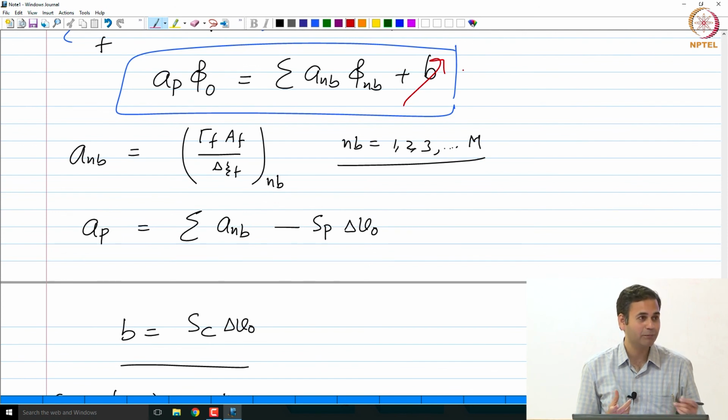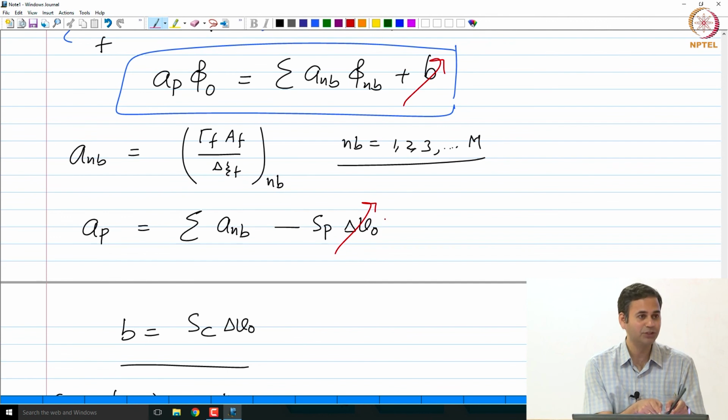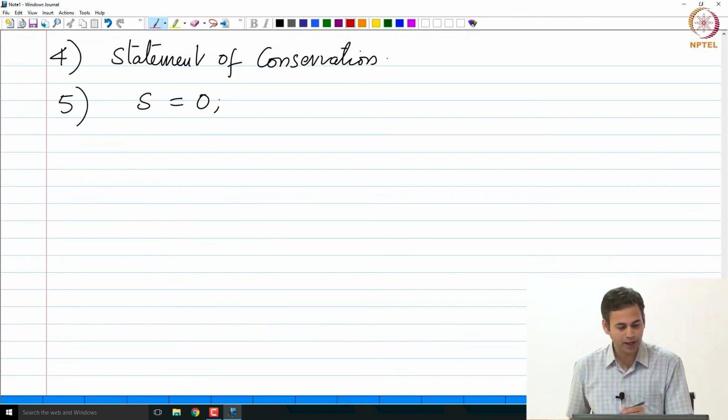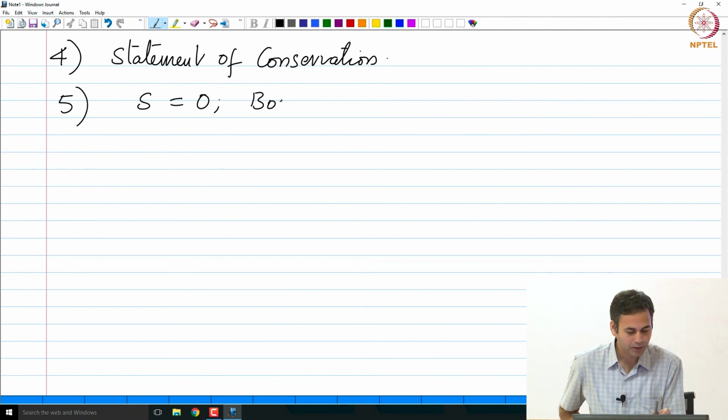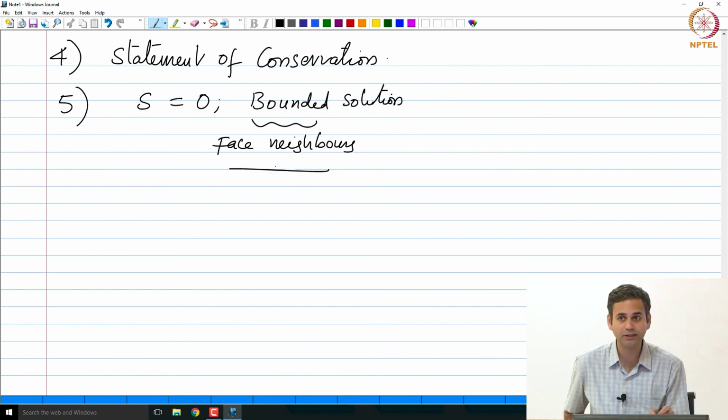It is bounded because AP equals sigma A_nb, B is 0, and AP phi 0 equals sigma A_nb phi_nb. So, this still gives you a bounded solution, bounded by the face neighbors only, not the other neighbors, not the ones which have a vertex in common, only the face neighbors. Fine, it is kind of bounded.